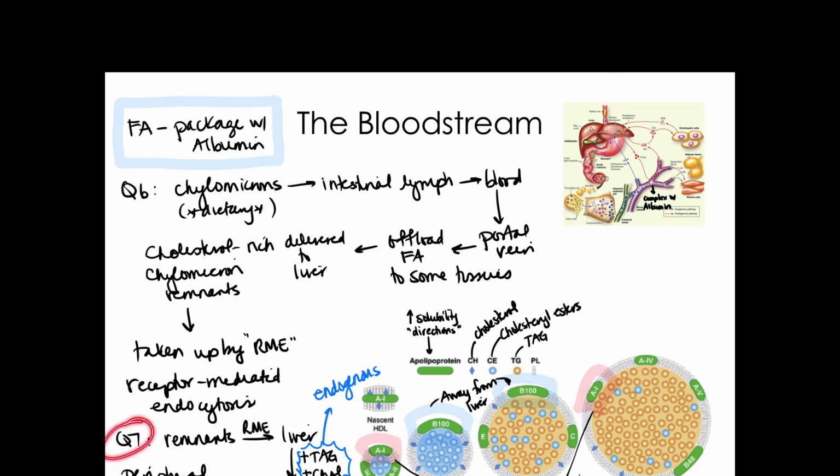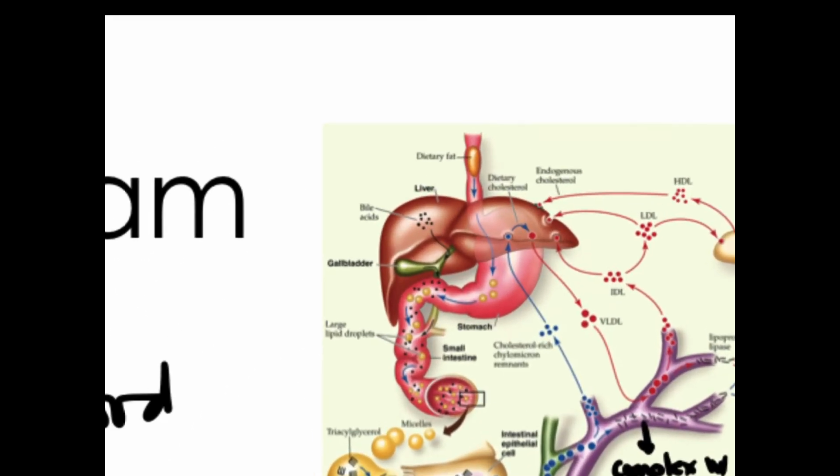So again, in question 7 in your homework, we talk about these chylomicron remnants being picked up by the liver by receptor-mediated endocytosis. They're going to be repackaged with triglycerides and cholesterol that are made from your own body in your liver. Inside here, and I know this is a small picture, let's blow this up.